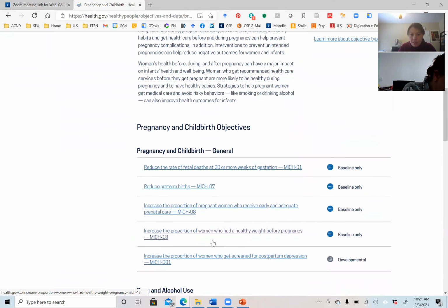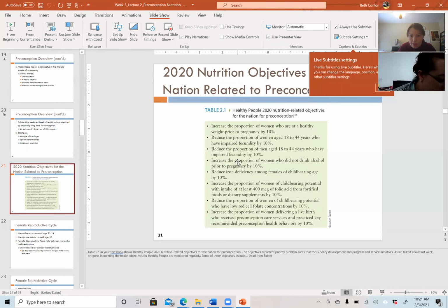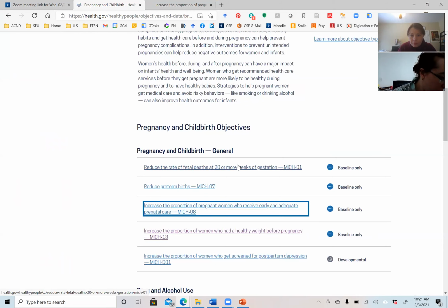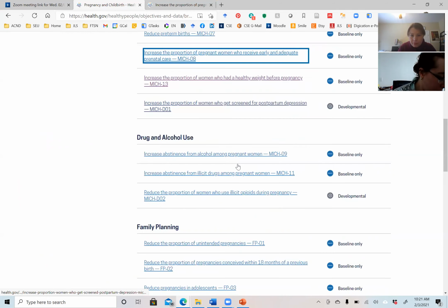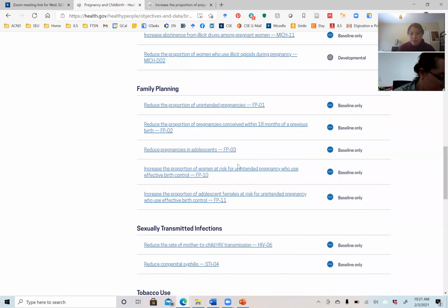Under health conditions, pregnancy and childbirth general: reduce the rate of fetal deaths at 20 or more weeks, reduce preterm births. A lot of these are about pregnancy. Increase early and adequate prenatal care. Okay, here are a few family planning ones.